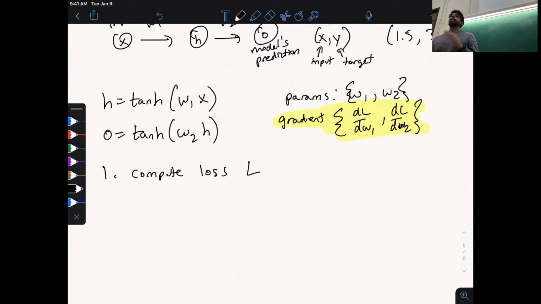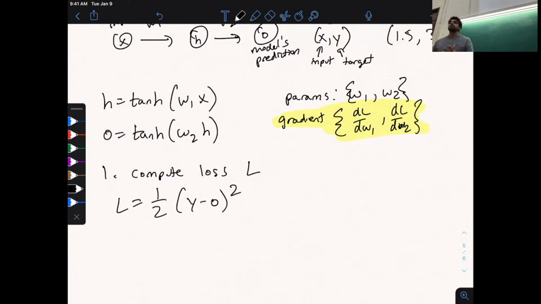So the loss function that I've just explained to you, the cross entropy loss, is unnecessary for such a simple task like this, where you're just trying to map numbers to each other. So we're going to use the most basic loss function there is, which is the square loss. So this is 1/2 times (y minus O) squared.